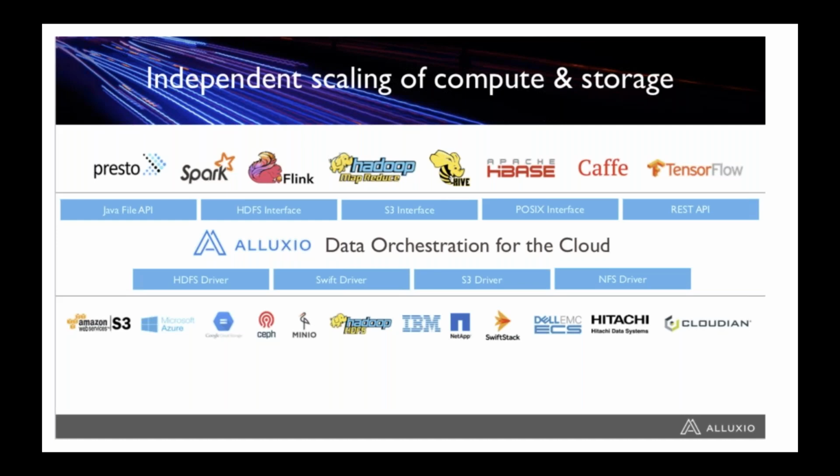Fortunately, we have something called Alluxio, which is providing data orchestration for the cloud. On top of Alluxio, you can see many compute engines like Presto, Spark, Flink, Hadoop, and many other things. And underlying Alluxio, we have different data sources like HDFS and S3.